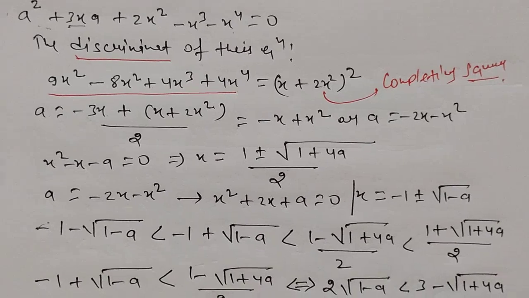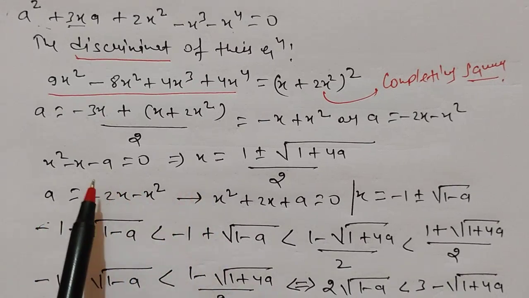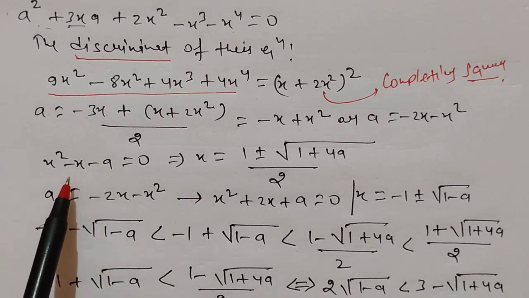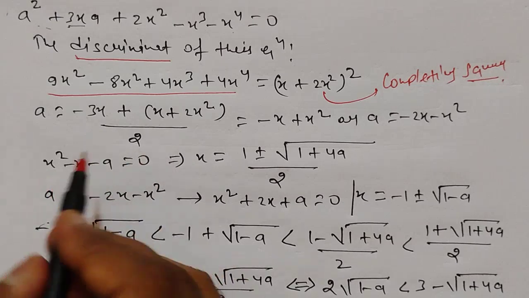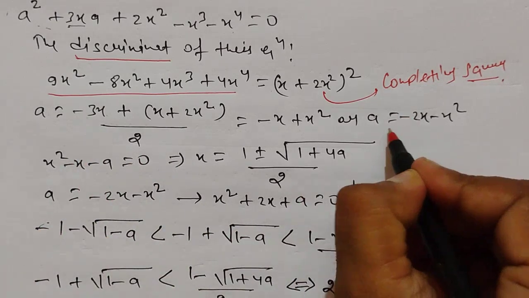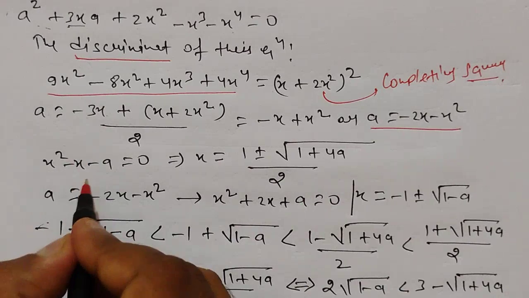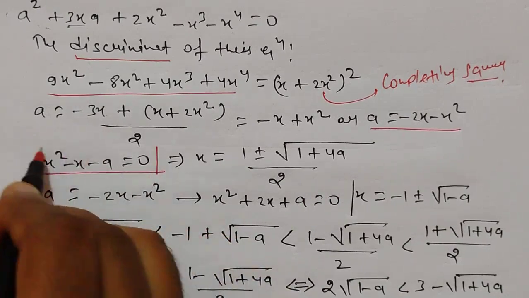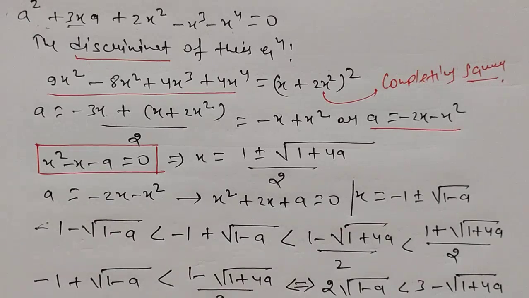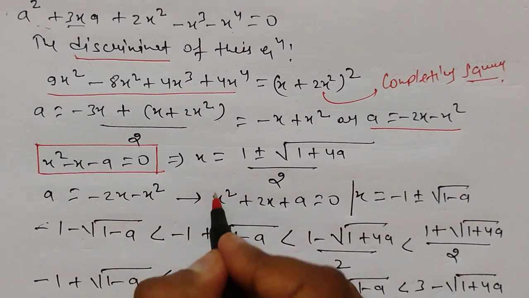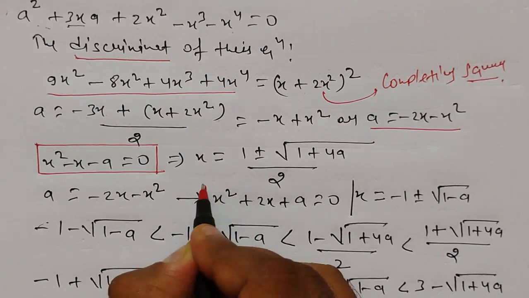The third important point is that we have transformed the equation into a quadratic in terms of x, the equation x square minus x minus a is equal to 0.